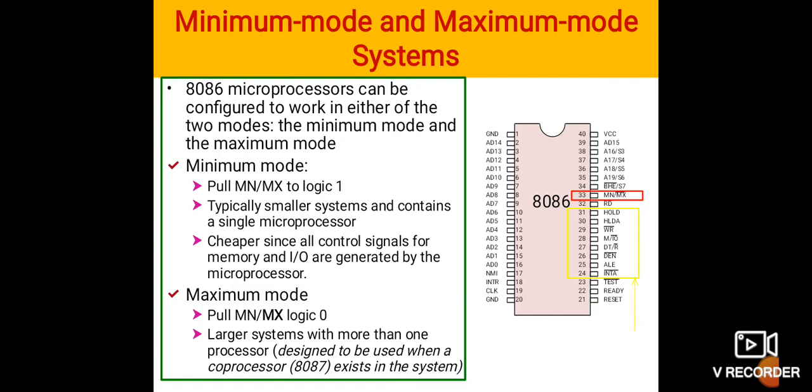This is cheaper since all the control signals for the memory and IO are generated by the microprocessor itself. Coming to the maximum mode, MN/MX is pulled to logic 0, and this is designed to be interfaced with some other processor, or you have more than one processor in the maximum mode.